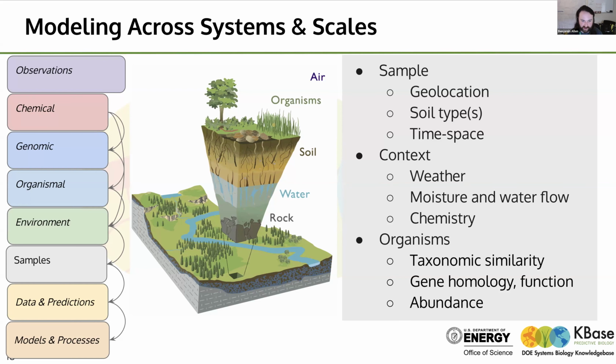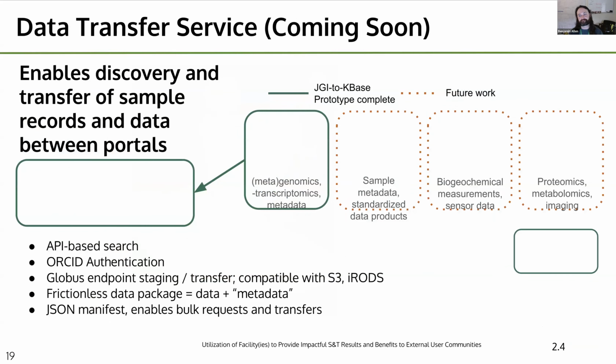So that's the grand challenge of the KBase project: to design and link all of these data types together in ways that are meaningful for researchers and usable within the platform.